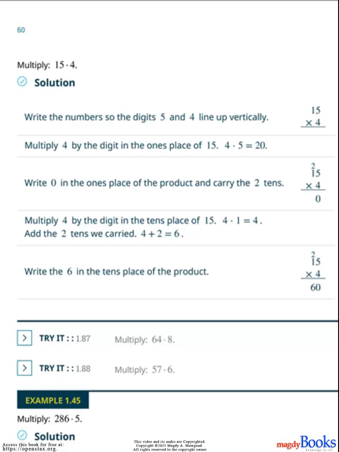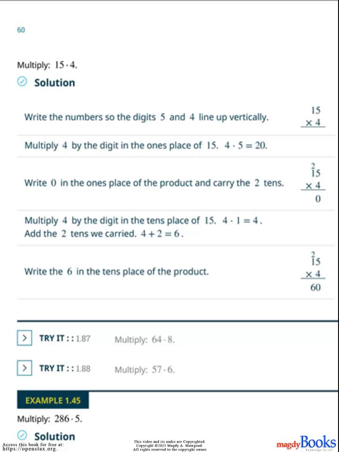Write 0 in the ones place of the product and carry the two tens. 3. Multiply 4 by the digit in the tens place of 15. 4 · 1 equals 4. Add the two tens we carried. 4 plus 2 equals 6. Write the 6 in the tens place of the product. The result of 15 · 4 equals 60.